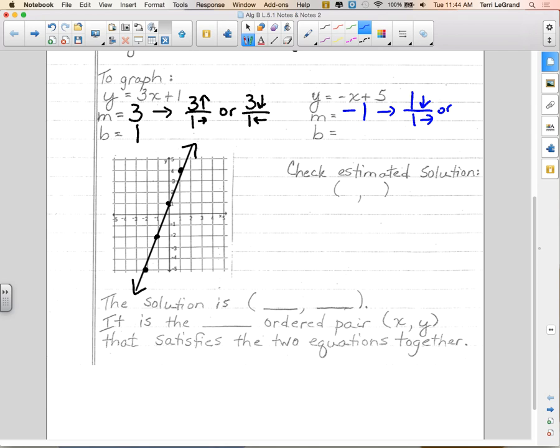Then I would go up, class, up 1, and now I have to use my negative going left. So I'm going to go up 1 and 1 to the left. Notice in the other one, when we were going down 3 and left 1, we were going negative, negative.